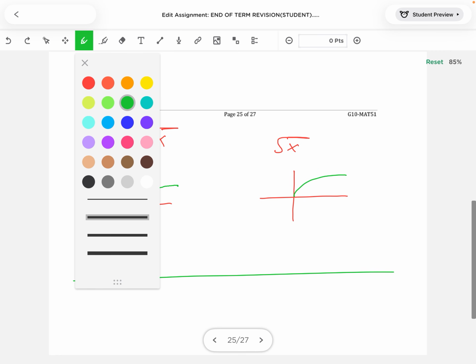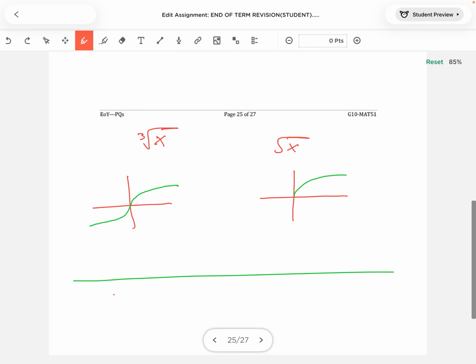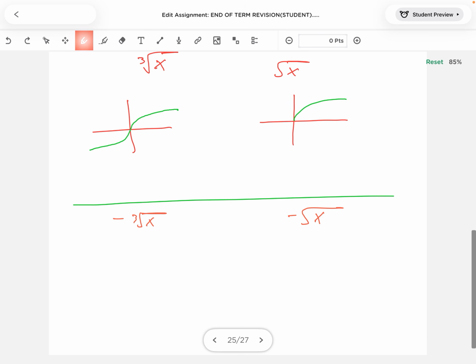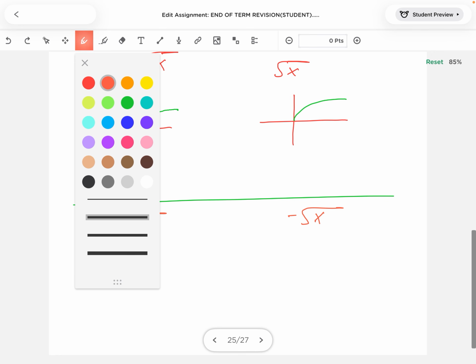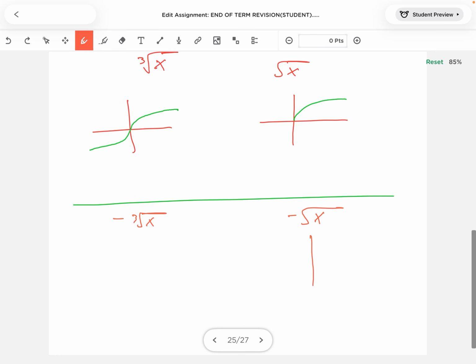Now if it is negative third root of x, negative square root of x, the graph will be reflected across the y-axis. Yani, the graph will be going there, or the graph will be like this.